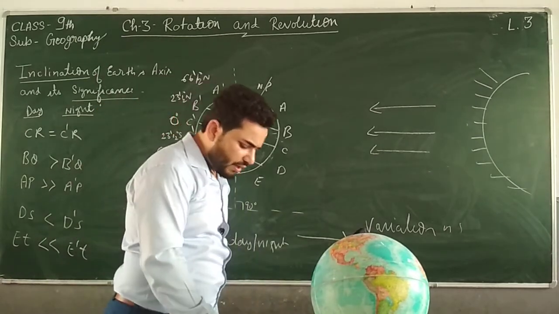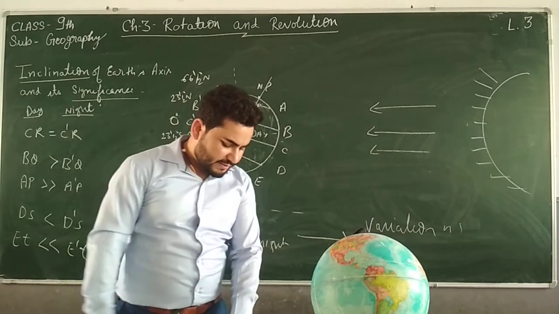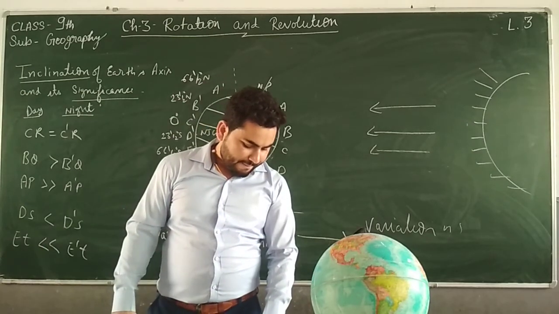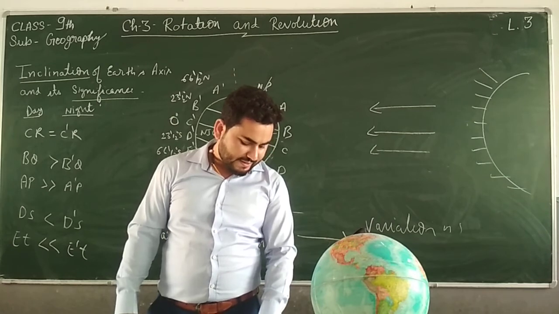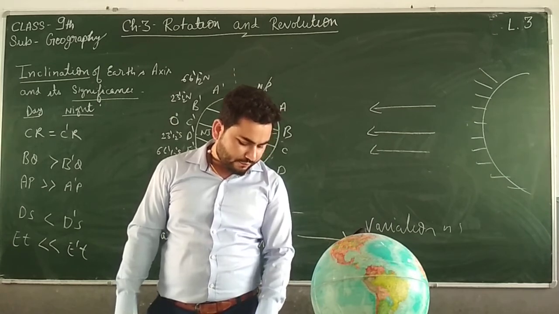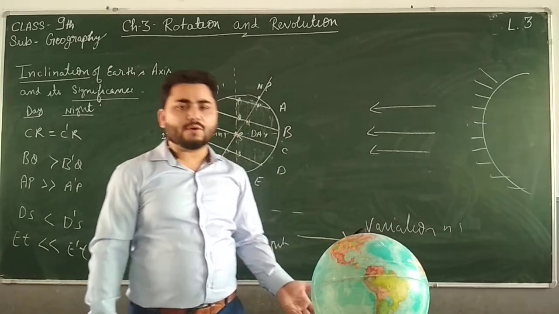Now, effects of the inclined axis on seasons. On earth, this gives rise to changing seasons and varying length of day and night, that we have already studied.